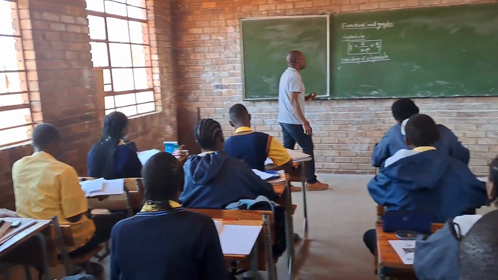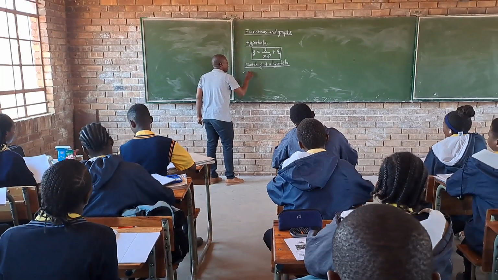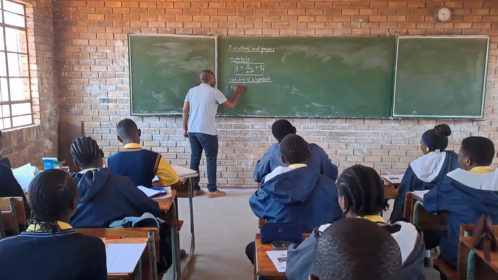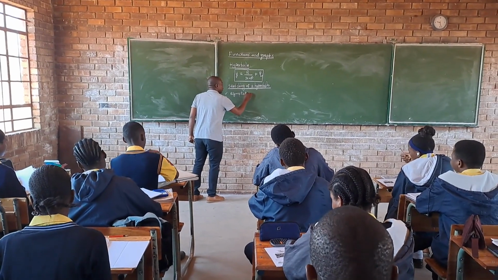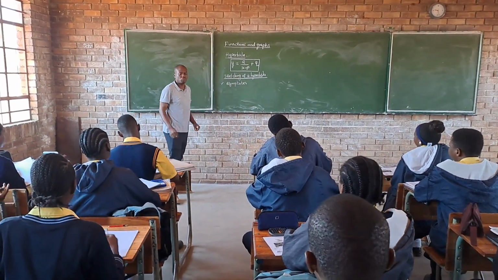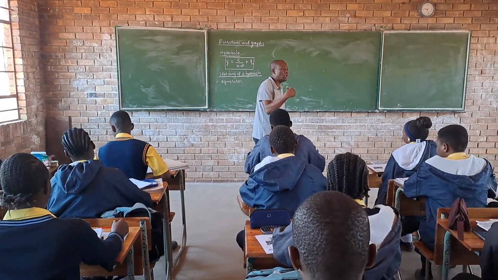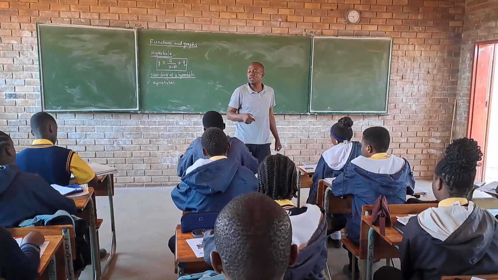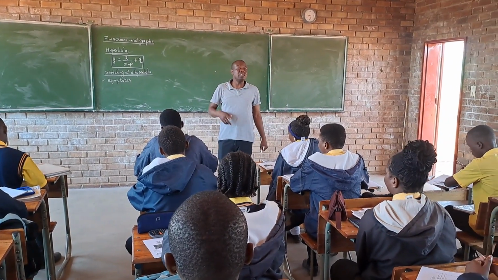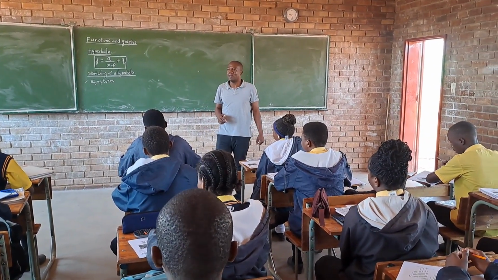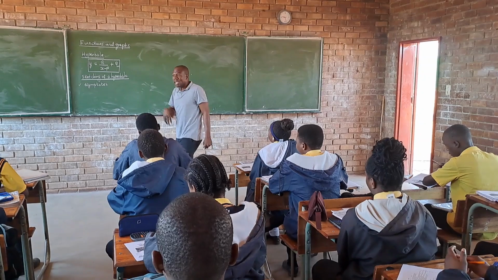We need to determine the asymptotes. Are we together? We said the asymptotes are the values of x and y where the function is undefined, where the function does not exist.